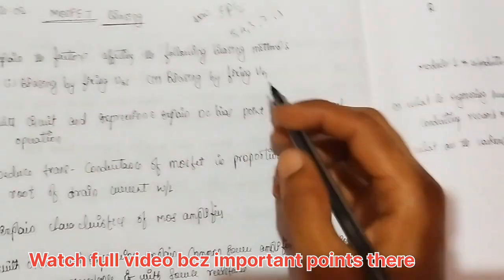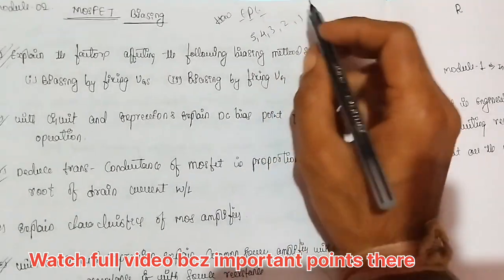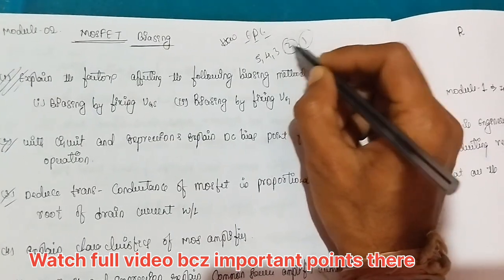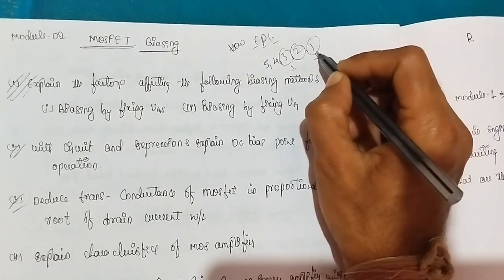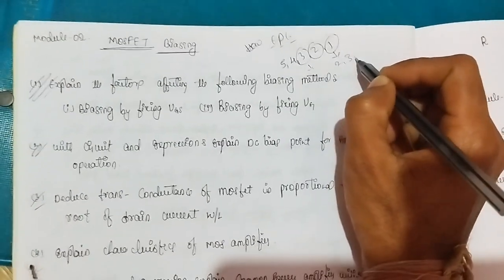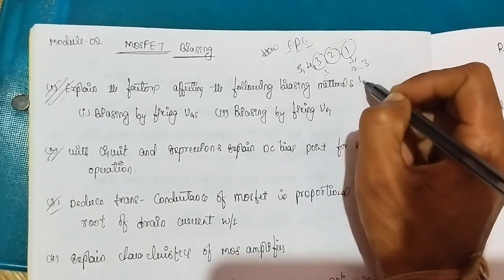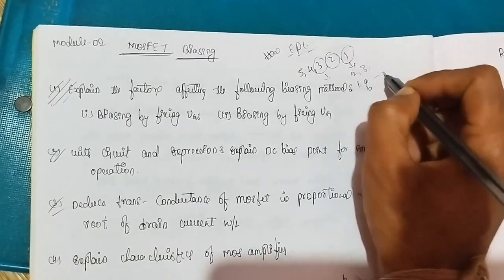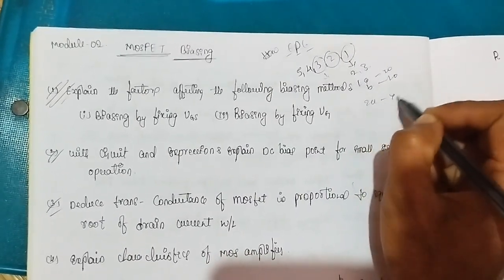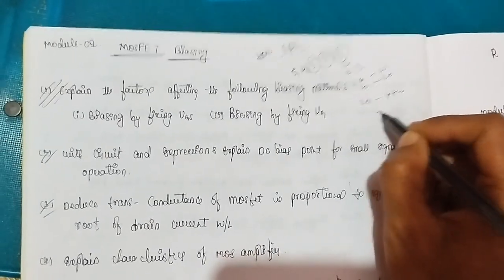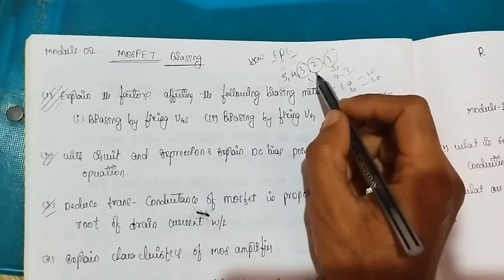The first module definitely asks numericals, and the second module also asks numericals, and in the third module only one numerical will be asked. In the first module, 2 to 3 numericals will definitely be asked in the questions. In the first question, 1AB definitely asks 2 numericals of 10 marks each. And in second A, one will be theory and another will be numericals. So that's why first I take the fifth module and fourth module, third, second and one.